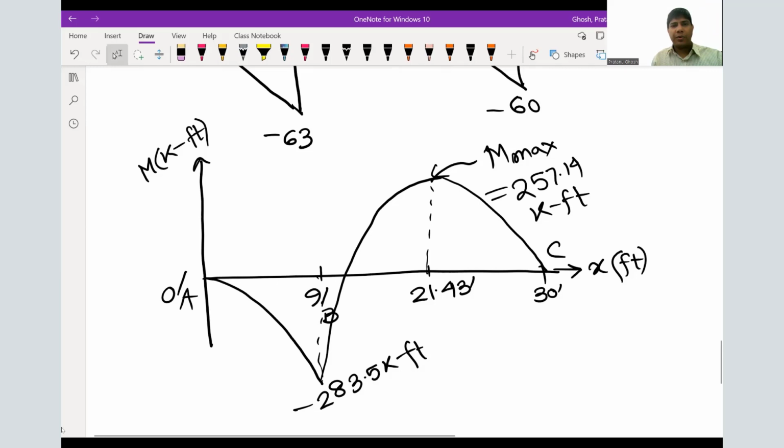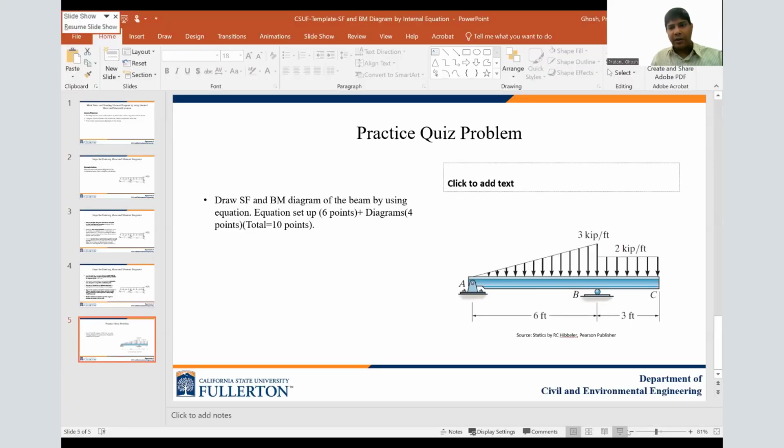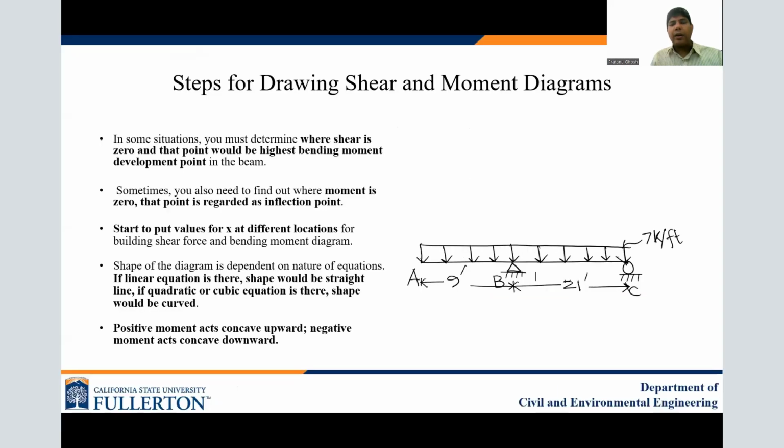Now I'm going to stop sharing, and then we'll go to your practice quiz. So we see how shear and bending moment diagrams can be drawn by using internal shear and moment equations. So let's share again your PowerPoint slide to show you the last slide, which is basically your practice quiz problem.